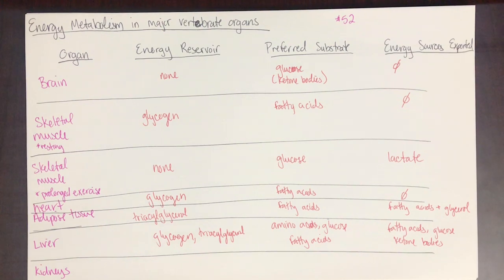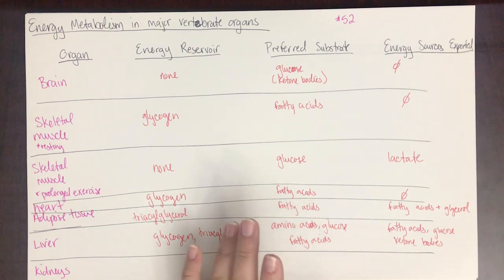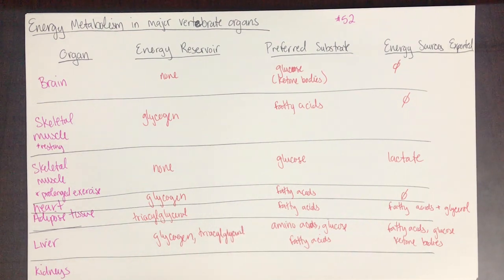A lot of regulation happens in the liver. Since all of these metabolic processes are happening in the liver, different hormones and second messengers are regulating which processes are happening and which are not happening. And that is all dependent on intracellular concentrations of different substrates.